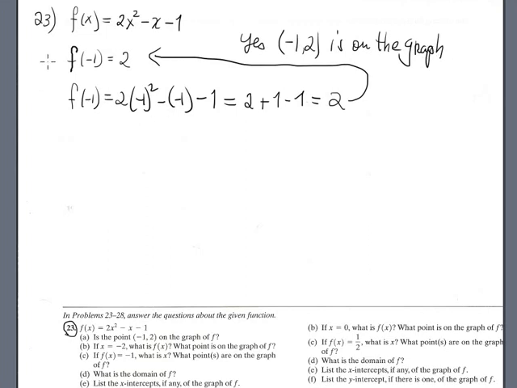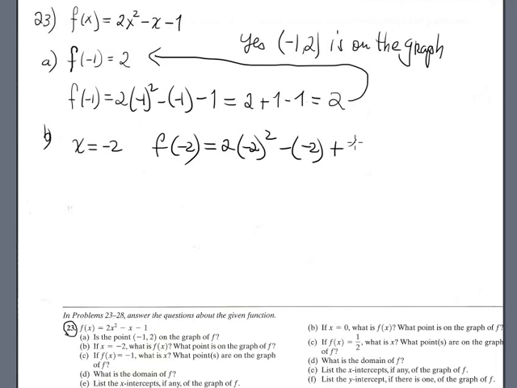Okay, now this is question A. Question B is about x equal to -2: what is f of x? It's easy. It's given this information as -2. You need to find f, so basically it's f evaluated at -2. It's 2(-2) squared minus (-2) plus 1.